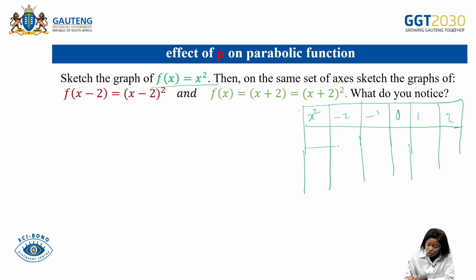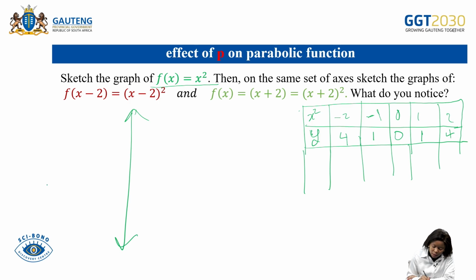So if I substitute negative 2 where there's x, I'll get positive 4. If I substitute negative 1, I'll get 1. If I substitute 0, I'll get 0. If I substitute 1, I'll get 1. If I substitute 2, I'll get 4. We don't even have to do that though, but it's okay. Let's just do it.